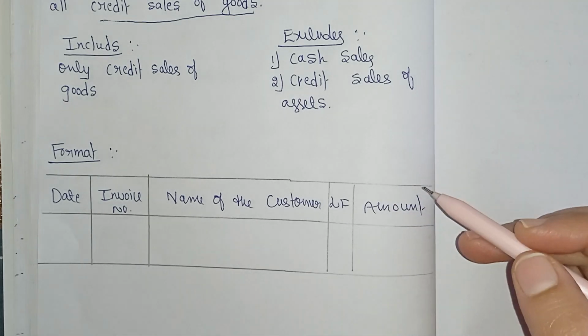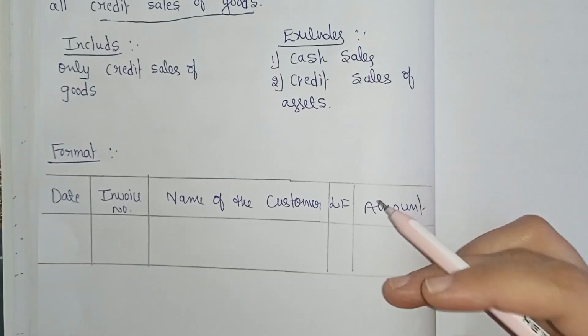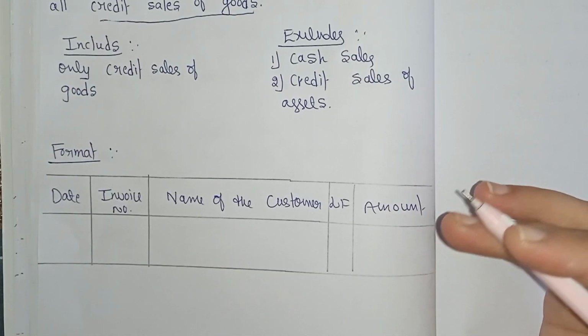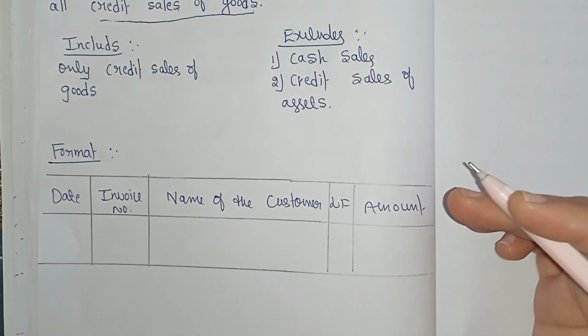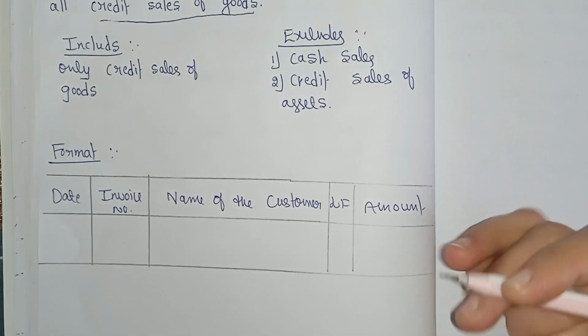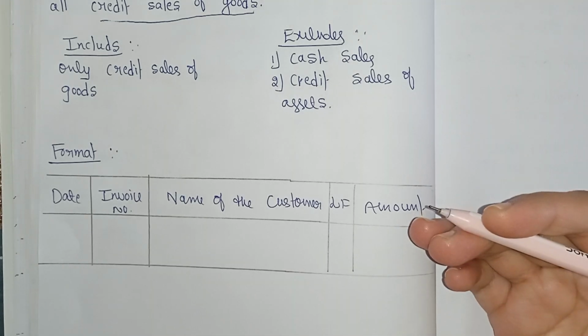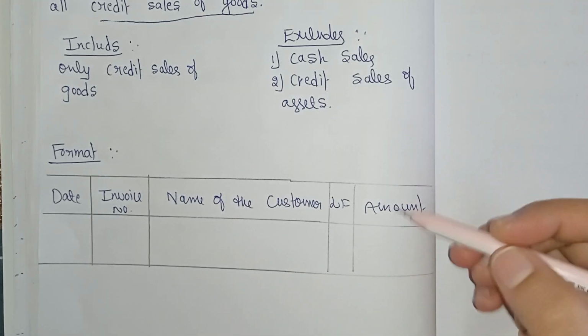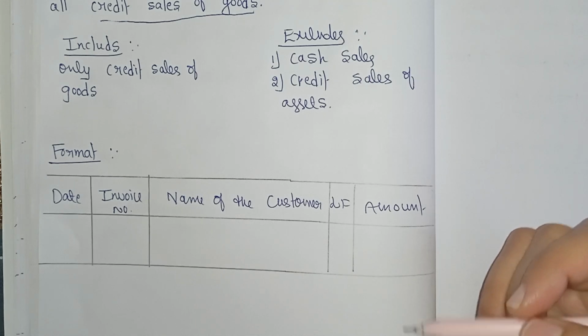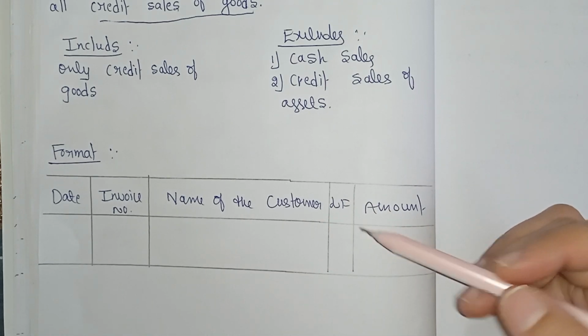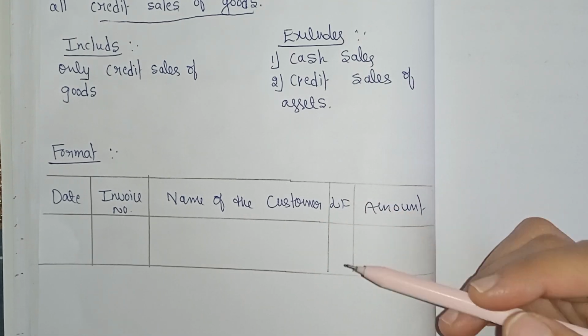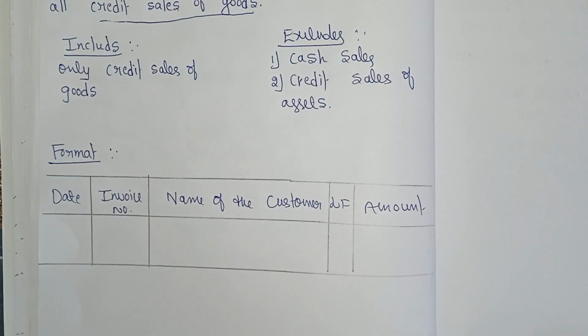In the purchase book also we can add columns like a description column, and in the case of GST, input will come: input CGST, input SGST and input IGST. In this sales book format we can add the columns for description or output GST.